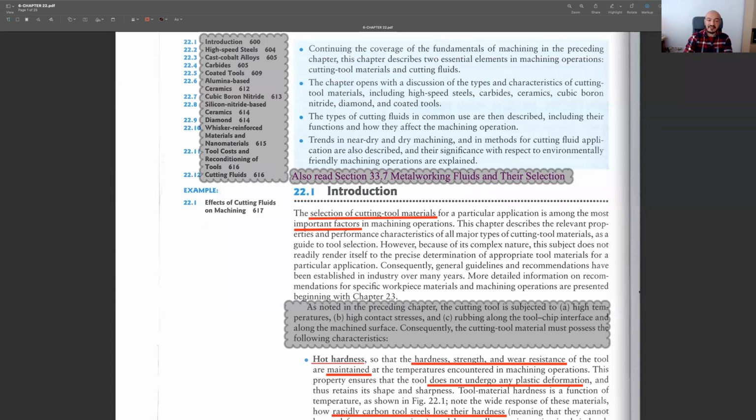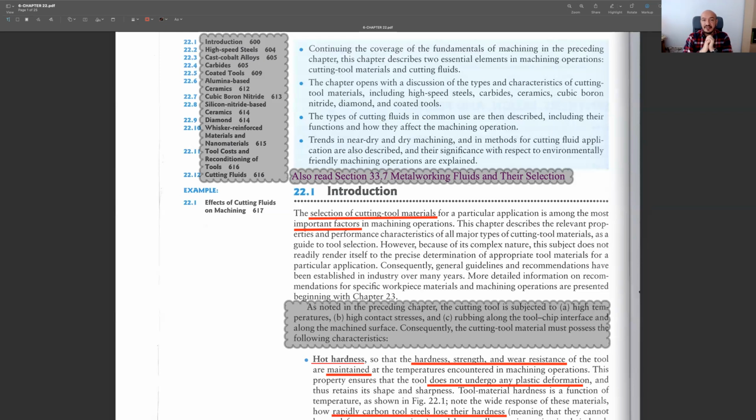So the second requirement is that the cutting tool material should be harder than the workpiece material. Otherwise, we cannot remove material. The workpiece material may remove material from your cutting tool material, which is another thing not desired.